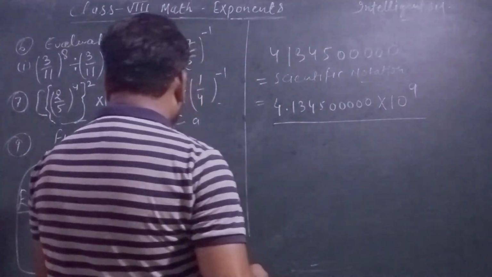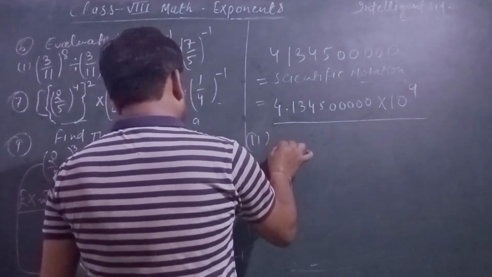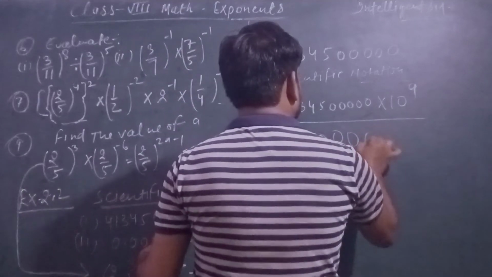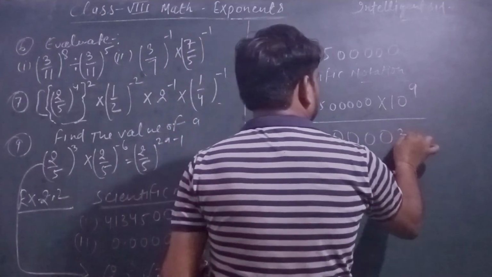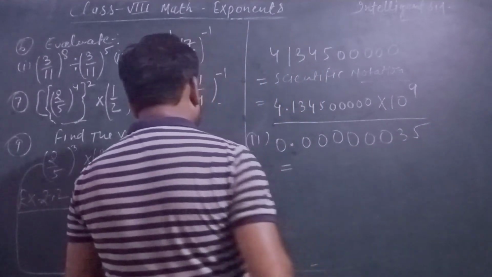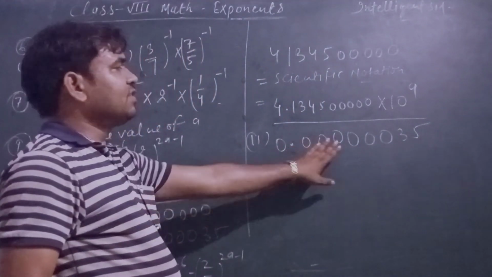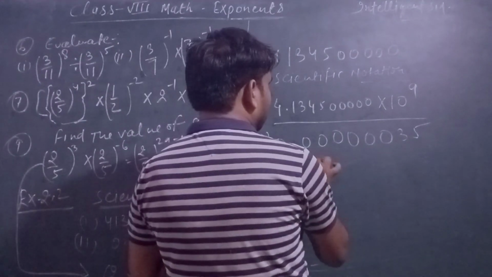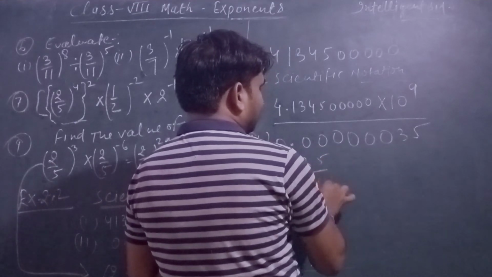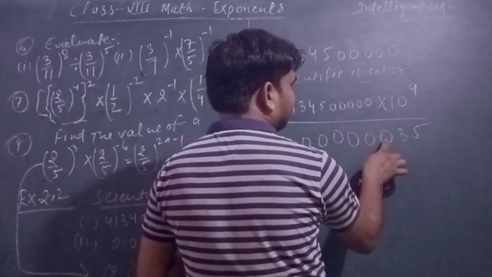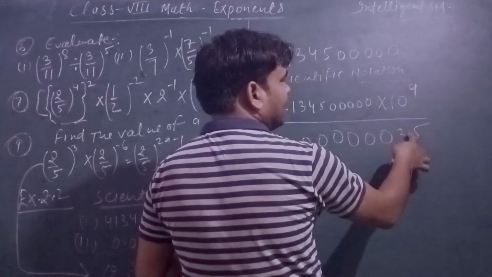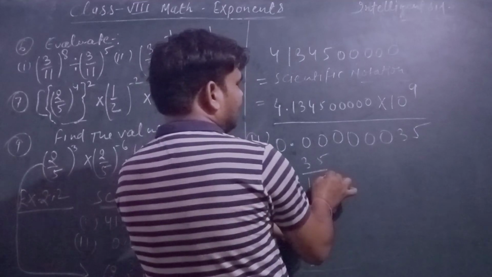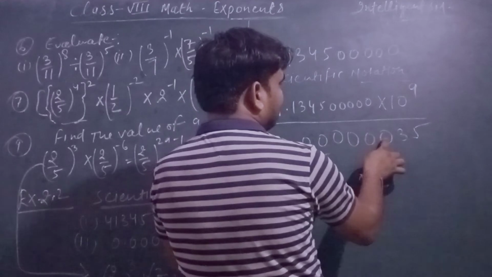And the second question, students, is 0.00000035. So here you see, students, the number should be in a negative power. It means you can easily write 10 to the power, counting 1 2 3 4 5 6 7 8.